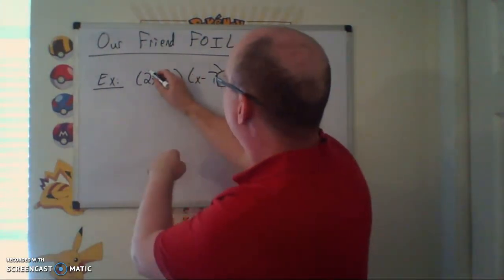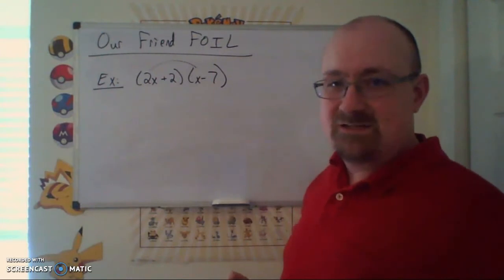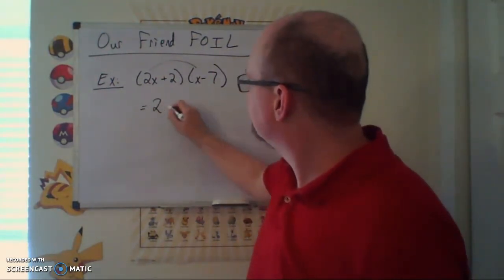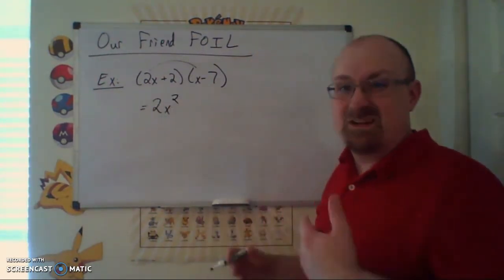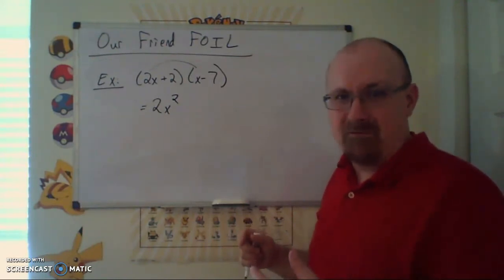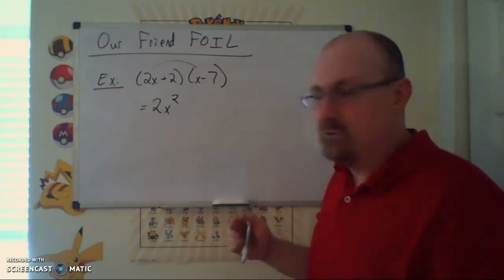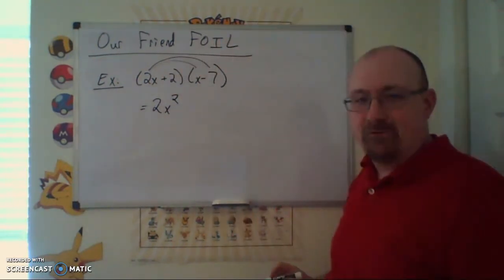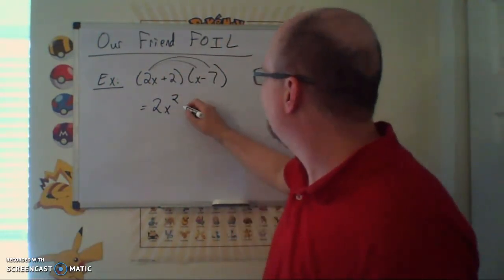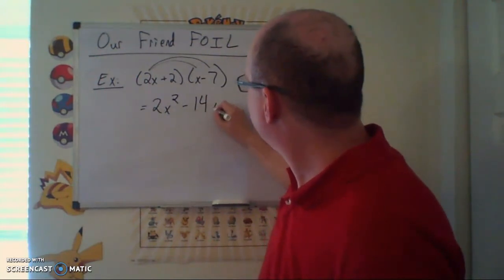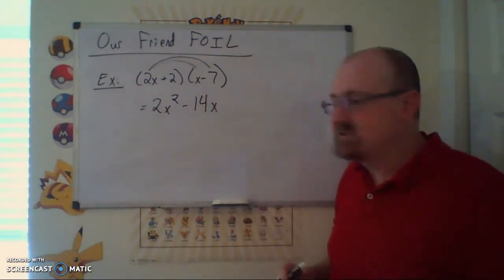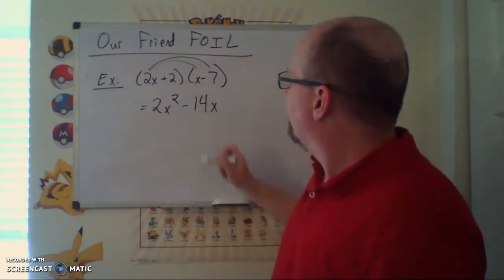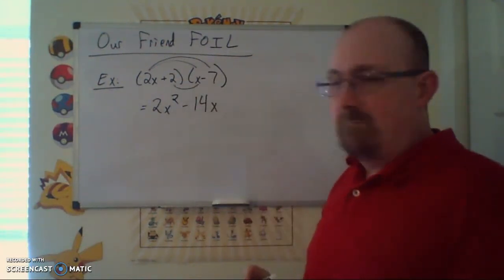So I grab my first two terms here. 2x times x would be 2x squared. Again, that's the baby property of exponents bit here, because 1 plus 1 is 2. Then we do the outer. Those are the two guys on the outside. The 2x times -7 gives me minus 14x. Then the inner, plus 2x.